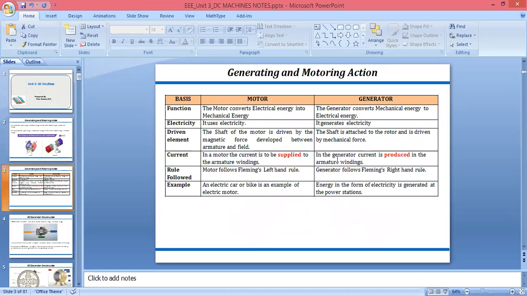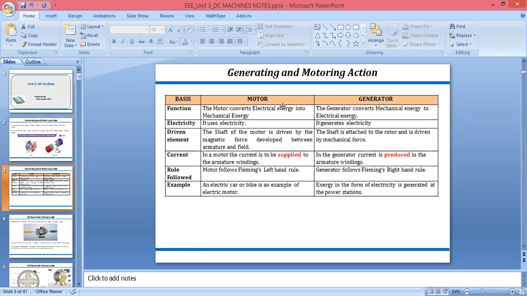If you see some differences between generator and DC motor, this is the DC motor, and this is the DC generator. Both are doing conversion, but the difference is that the motor is converting electrical energy into mechanical and the generator is converting mechanical energy into electrical energy. Again in terms of electricity, what is the DC motor doing? It is using electricity, because it is taking electrical energy as an input.